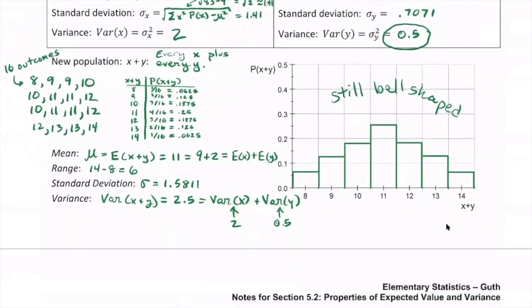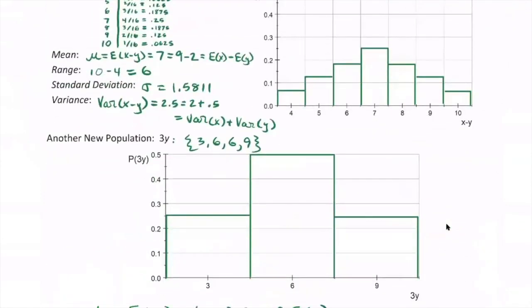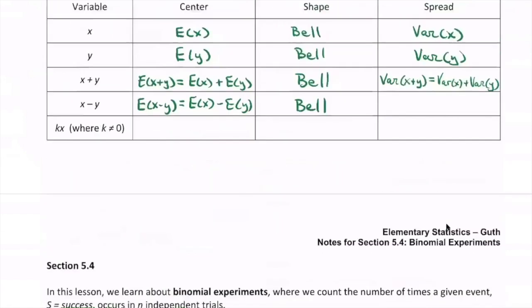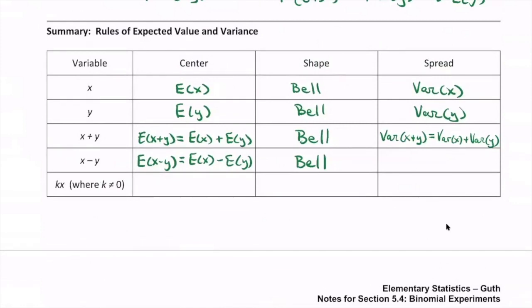And because the distribution shapes are identical in terms of width, the standard deviation and variance were unchanged from when you added. So unfortunately, as confusing as it is, the variance of x minus y is the same as above. It was the variance of x plus the variance of y.